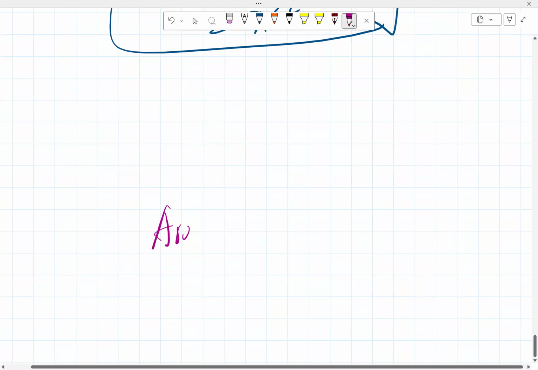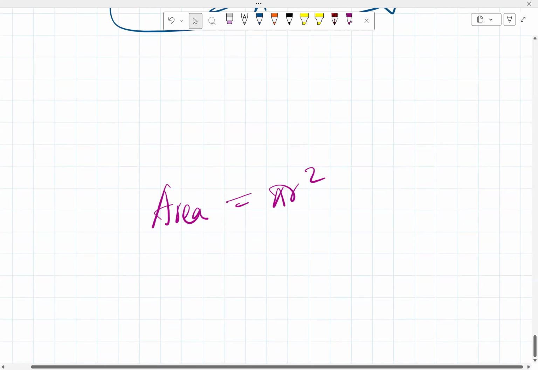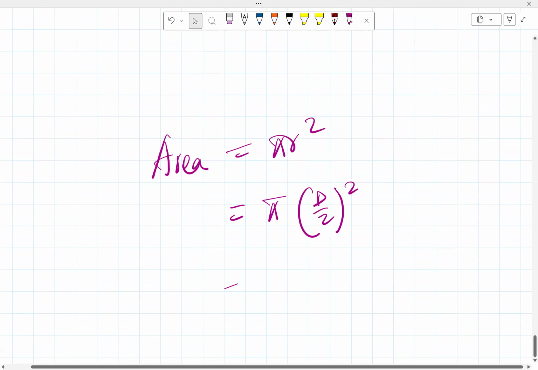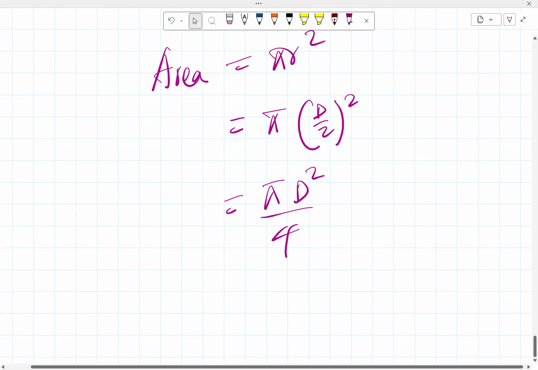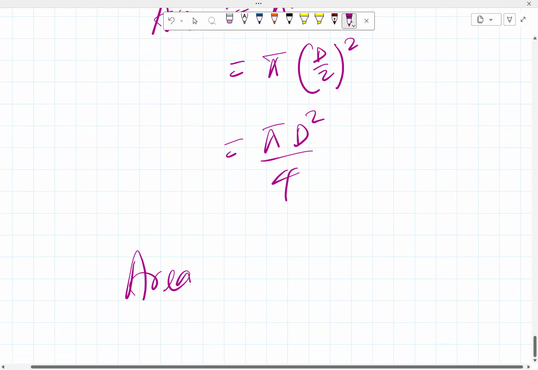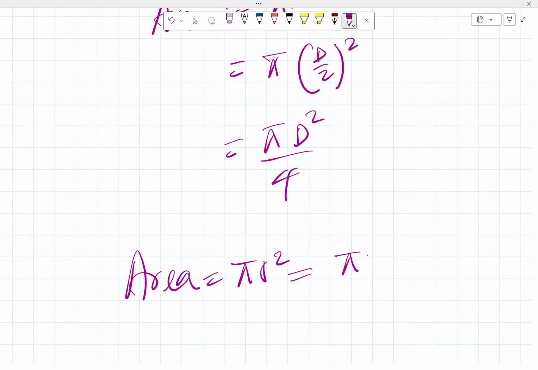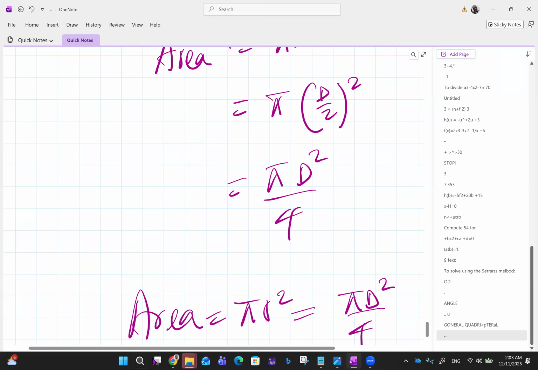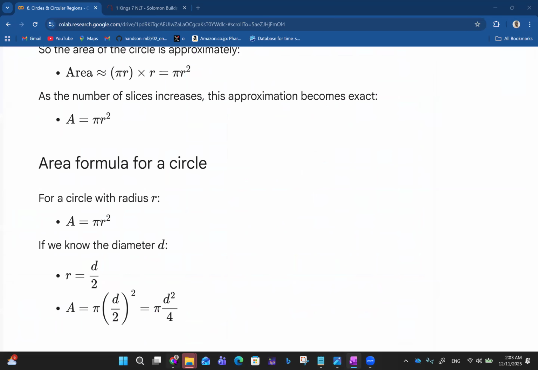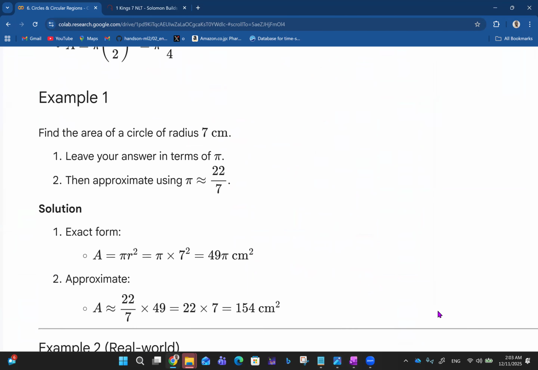So we can say r is diameter over 2, and if we square that, we get pi d squared all over 4. So area can be pi r squared or the same as pi d squared over 4. Whatever you have, you can always get your area in terms of the radius or the diameter. Okay, so example 1 now.